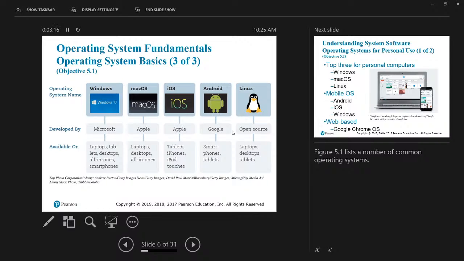That's why they don't just use a general operating system that you would also use on your desktop. They try to come up with a system that doesn't use a lot of battery. You have slightly different user interfaces: touch user interfaces, versus on a desktop where you're going to have a mouse and keyboard. So even though much of the internals of the system is the same, they try to make it user-friendly. That's why we have these different mobile-based operating systems like Android and iOS.